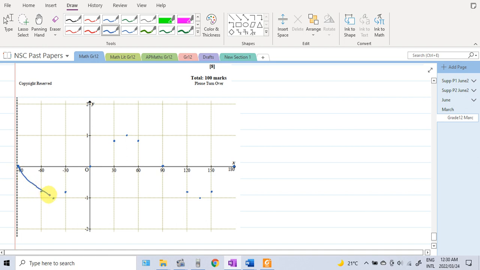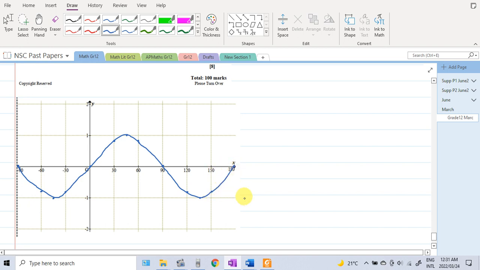You guys obviously have more control. I'm trying to write on my tablet here, trying to be as accurate as possible. That's the best I can do. I just got messed up a bit there.